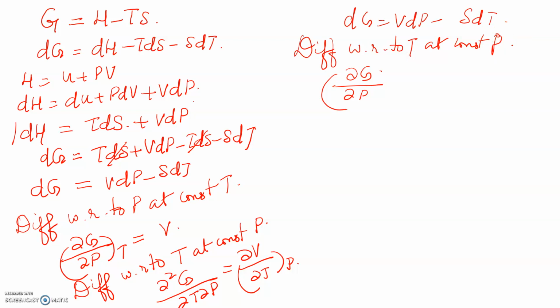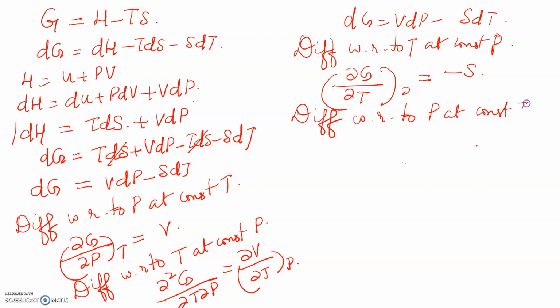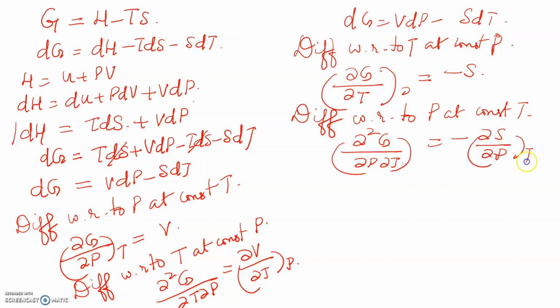So we'll have ∂G/∂T at constant pressure will be equal to minus S. Differentiating again with respect to P at constant temperature. ∂²G/∂P∂T will be equal to minus ∂S/∂P at constant temperature.